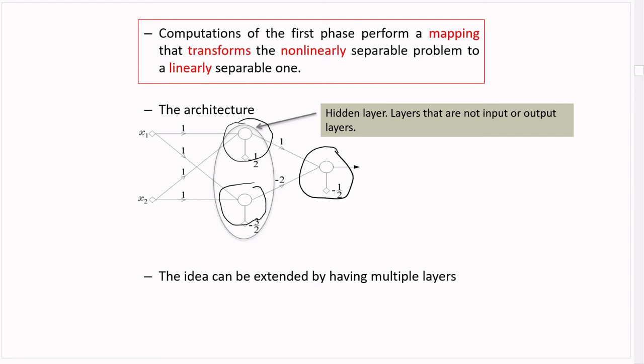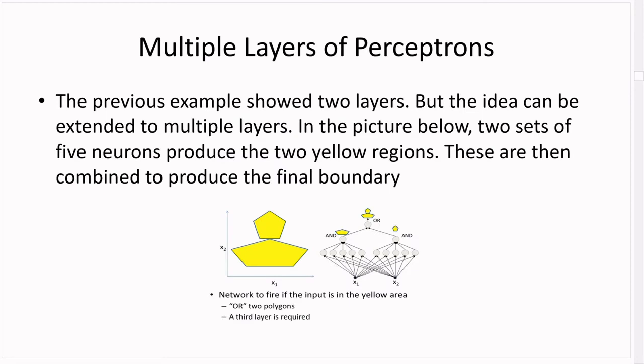So this idea of having multiple layers of perceptrons can be extended not only to 2 layers, but you can go into 3 layers or 4 layers and so on. Okay, let's look at another example. In this case, what we can do is we can have 2 sets of 5 perceptrons or 2 sets of 5 neurons produce 2 yellow regions.